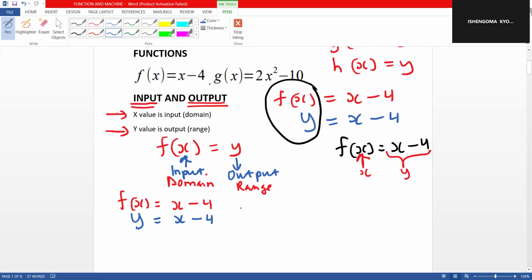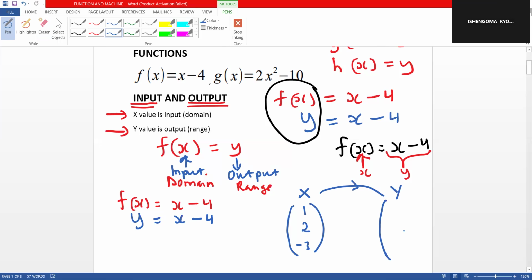When you take this function and give any values of input, for example, 1, 2, and negative 3, these values of input will generate for you the values of output. And for output, we use y.